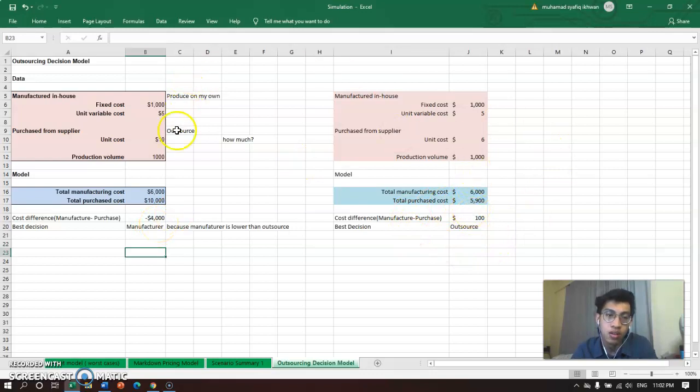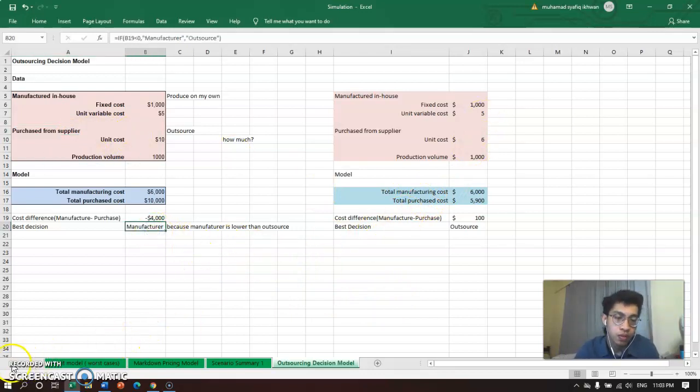It is because I only need to bear 5 ringgit per unit cost instead of buying from a supplier at 6 ringgit, which is higher than 5 ringgit. So it is better for me to produce on my own, not purchasing from other suppliers.